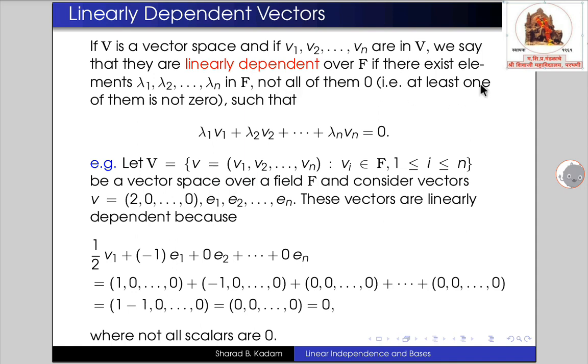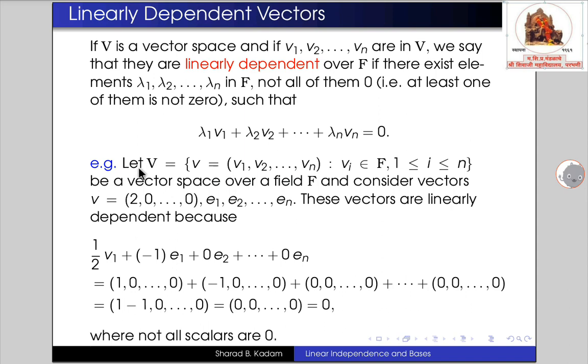That means at least one of them must be non-zero, such that lambda 1 V1 plus lambda 2 V2 plus so on plus lambda n Vn equals 0.